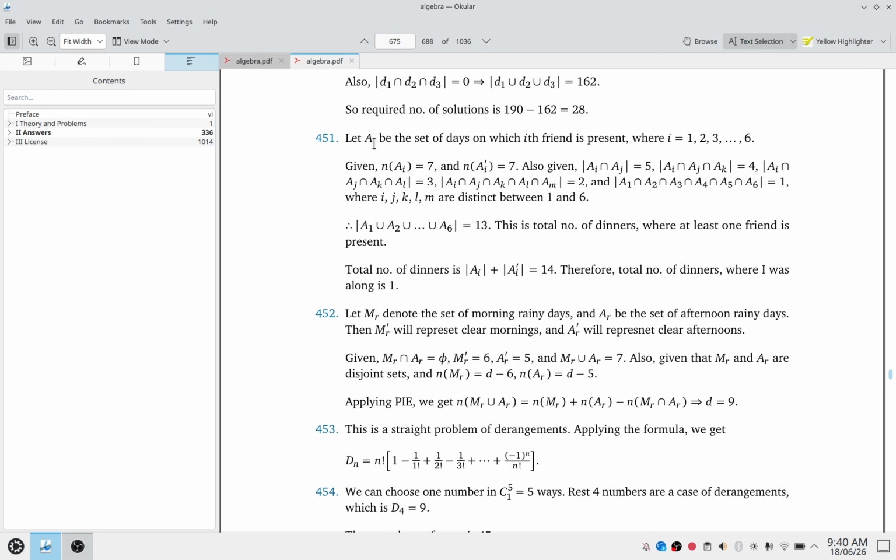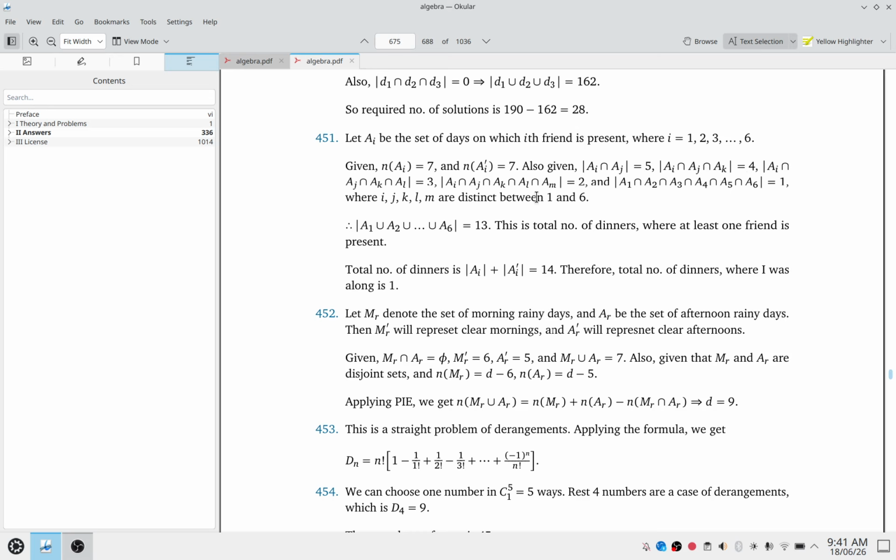We let A_i be the set of days on which the ith friend is present, where i varies from 1 to 6. Now n(A_i) is equal to 7 and n(A_i') is also 7. Also given that A_i intersection A_j is equal to 5, A_i intersection A_j intersection A_k is equal to 4, and so on.